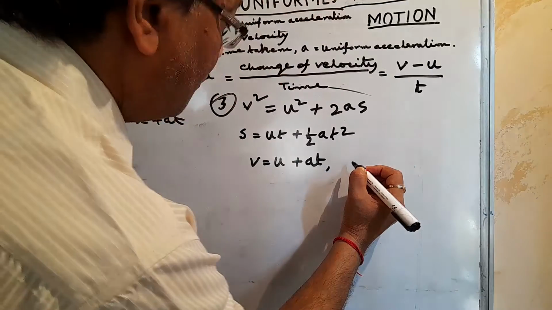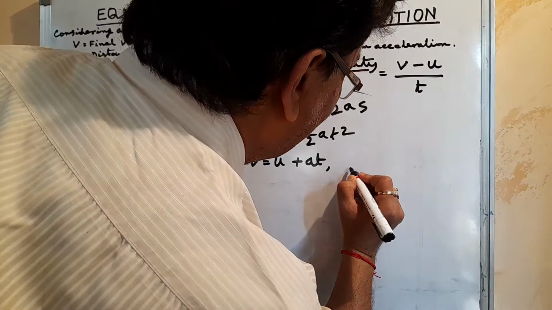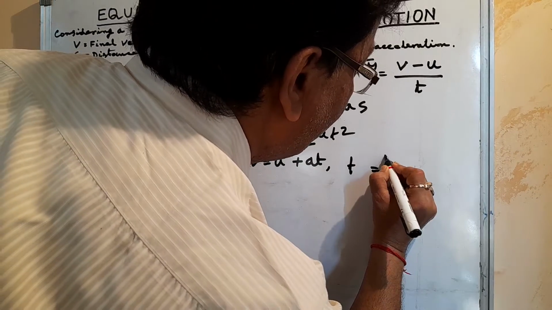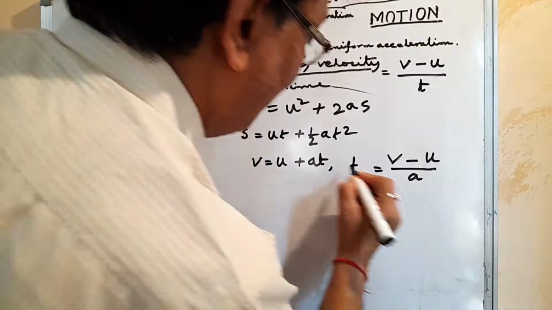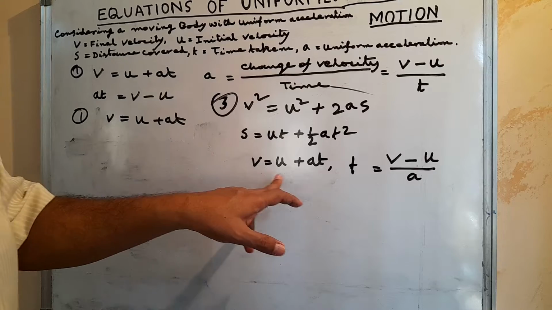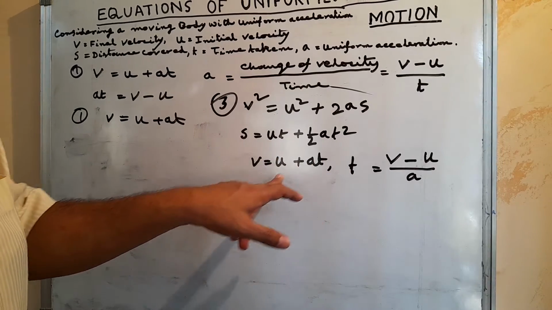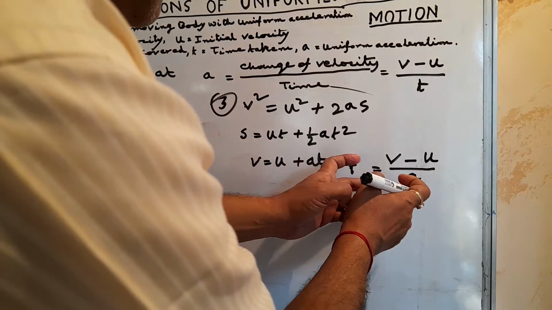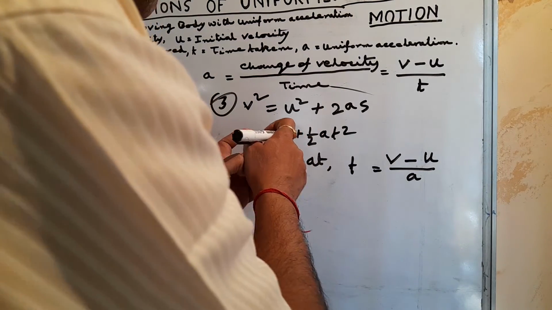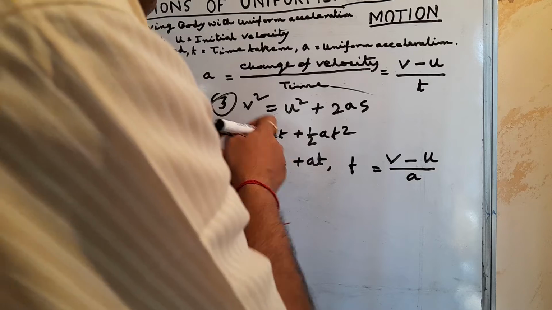From here we know that t is equal to v minus u by a. Now we will put the value of t in the equation for s.